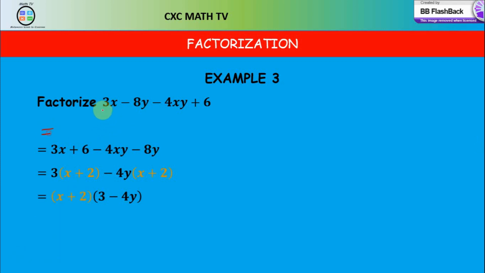You could reshuffle it and group this first: 3x plus 6, then minus 4xy minus 8y. Now we can identify the first two have 3 in common, and the next two have negative 4y in common. Now we have x plus 2 in common, so we factor out x plus 2, and we're left with 3 minus 4y.